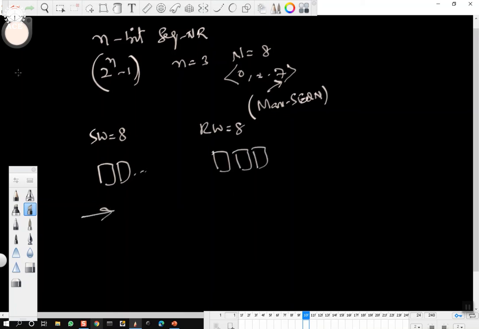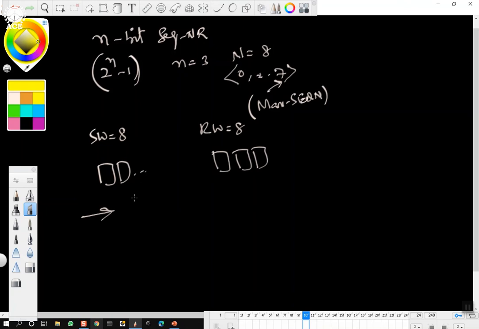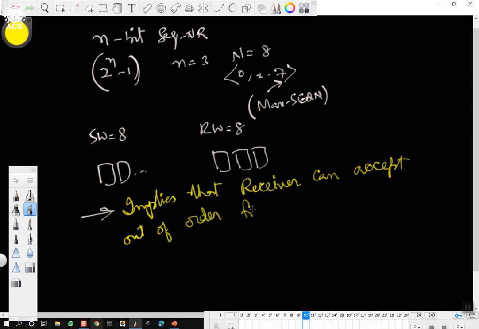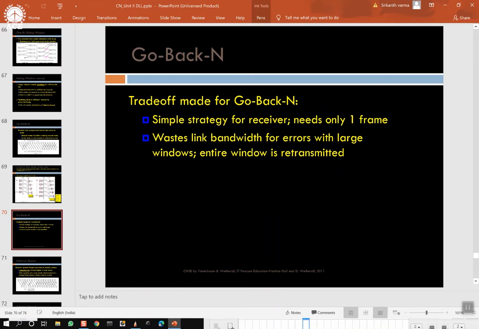But the advantage here, because I have multiple buffers, is that the receiver can accept out of order frames. Earlier, the window size of the receiver was 1, so it was discarding the frames. But here, because I have multiple buffers available, it can accept the frame. To illustrate that point, I will show the presentation.